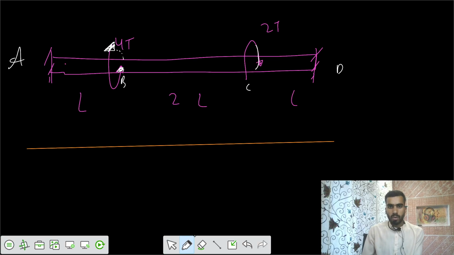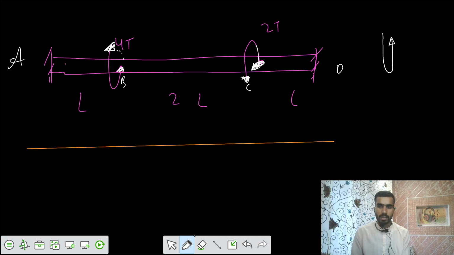So you are applying clockwise moment here, 2T. So this is clockwise. Sorry, this one is clockwise. Finally, you got this clockwise in this fashion, and anti-clockwise should be anti-clockwise.